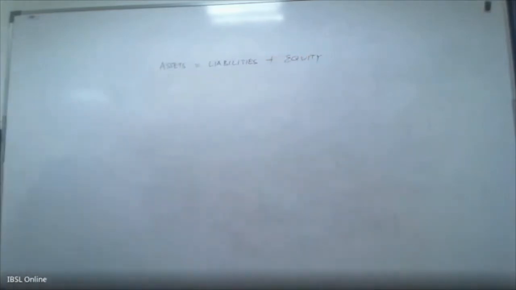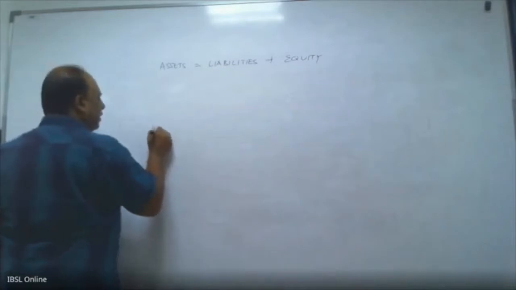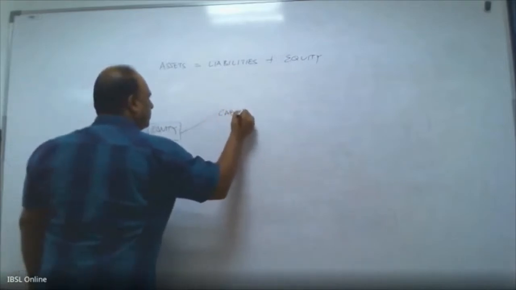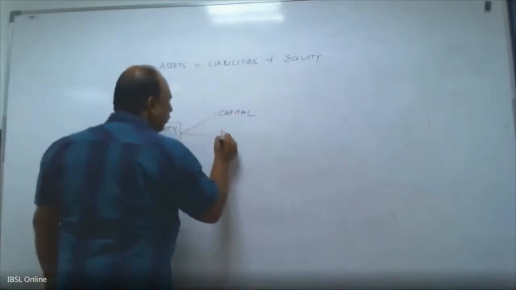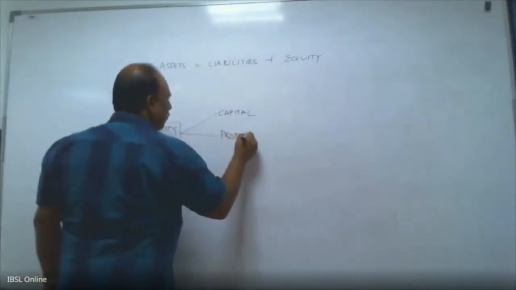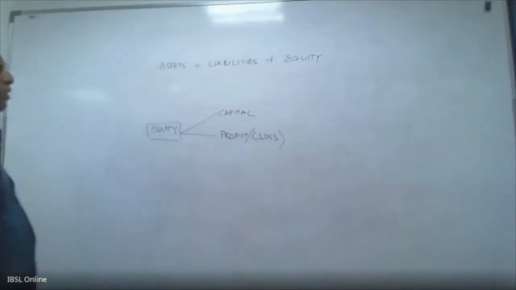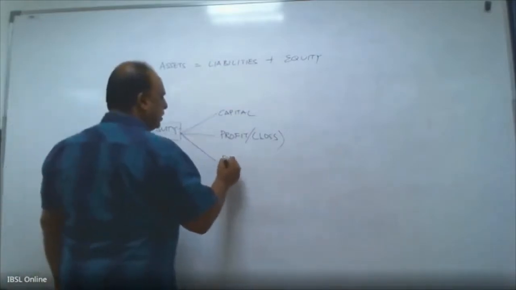But what do we mean by equity in a company? You would have already seen in the table. Now, when you look at equity of a company, as I told you, it has capital, right? It also has profit, the profit or the loss that the company will make. And there is another term which I am going to introduce now called reserves.